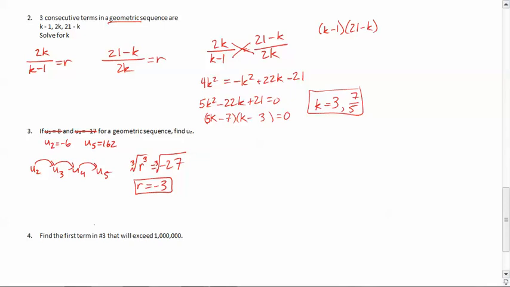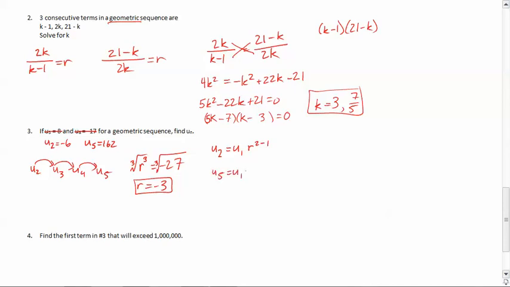Okay, another method that would do just the same thing, and if you wanted to use a calculator, you could use a calculator for that, is that you can actually set up a couple of equations, right? We know that u2 is equal to the first term times r to the n minus 1. And you can do that for 5 as well.